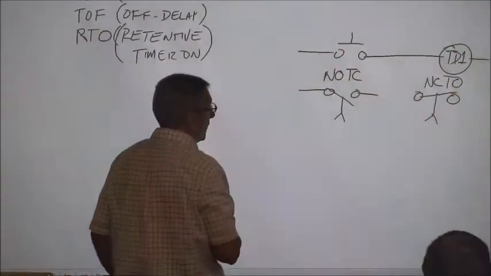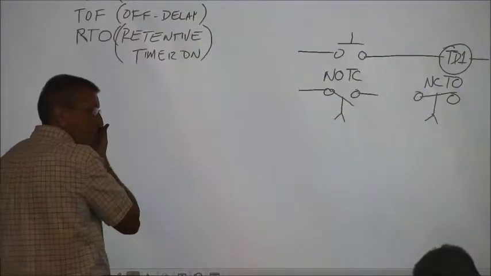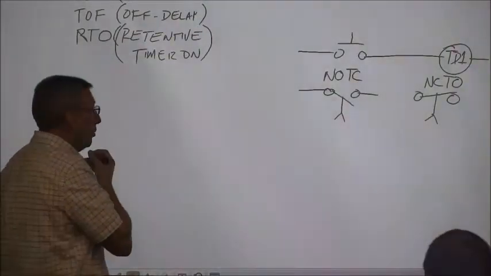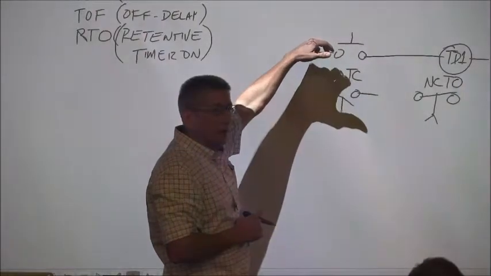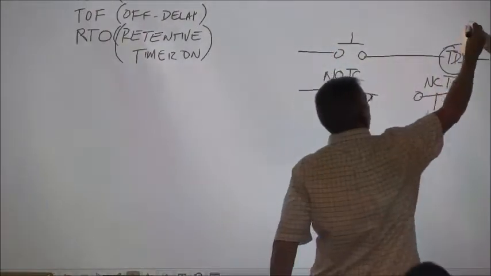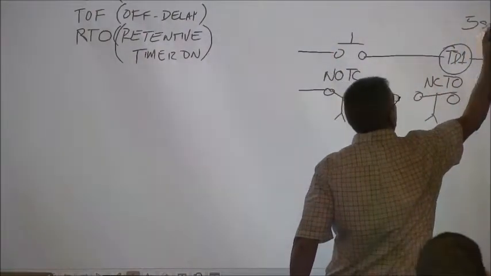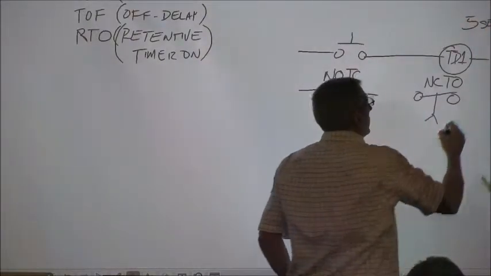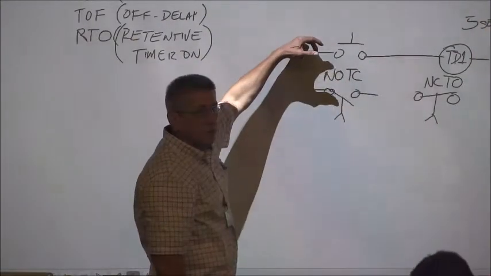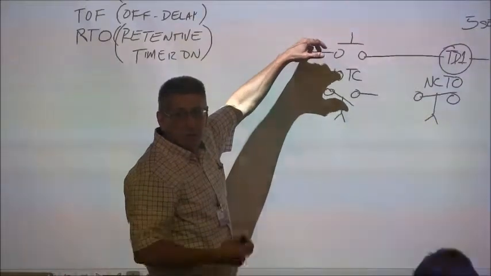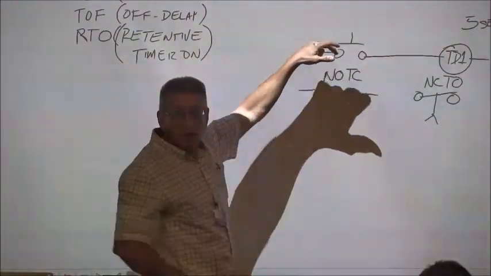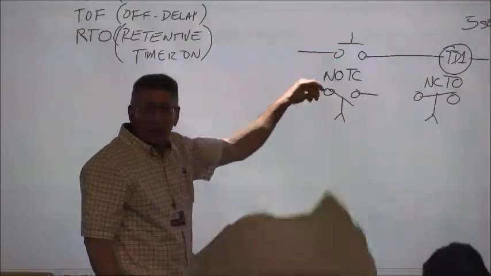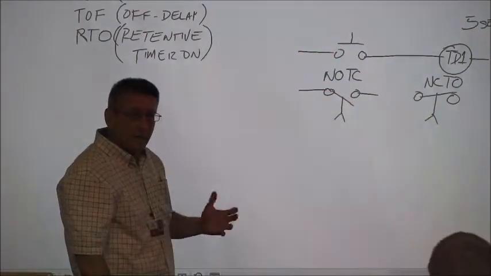That's the on delay. So we press the button. Let's say we have this set for 5 seconds. We press the button, we're timing. 5 seconds later, the normally open time closes. Everybody good with that?